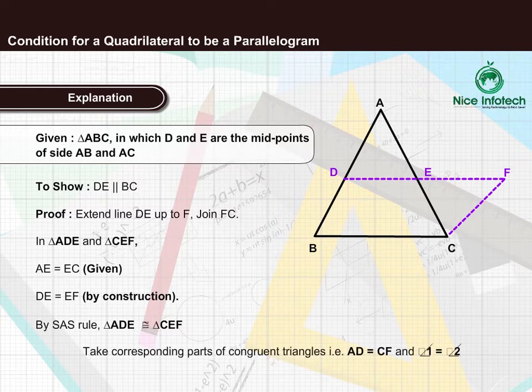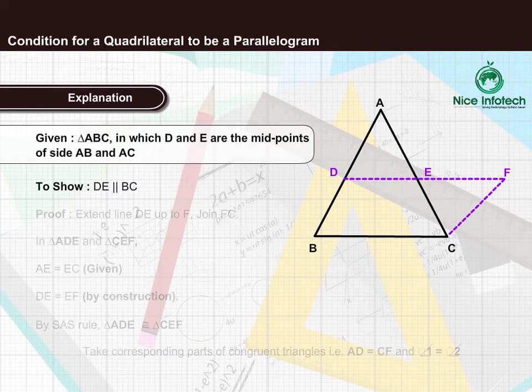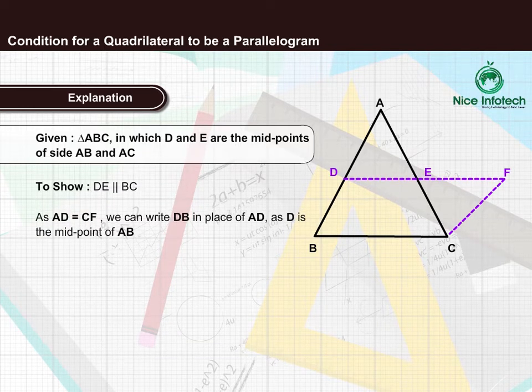Now, take corresponding parts of congruent triangles, that is, AD is equal to CF and angle 1 is equal to angle 2. As AD is equal to CF, we can write DB in place of AD, as D is the midpoint of AB.